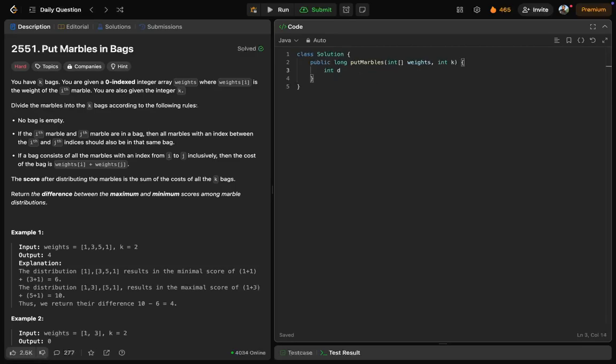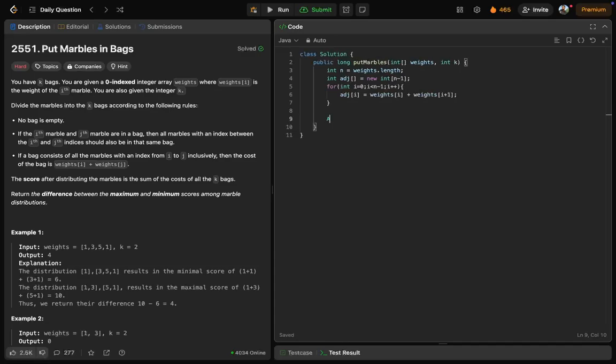First let's make the adjacent array of length n minus 1. We don't have n. Then the next thing is just to calculate the adjacent values: adj of i is equal to weight of i plus weight of i plus 1, right?